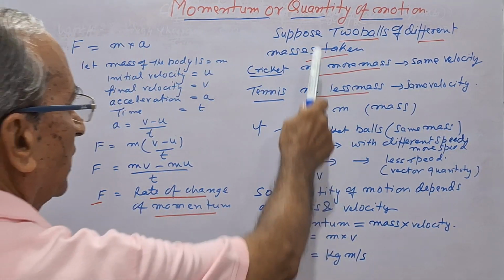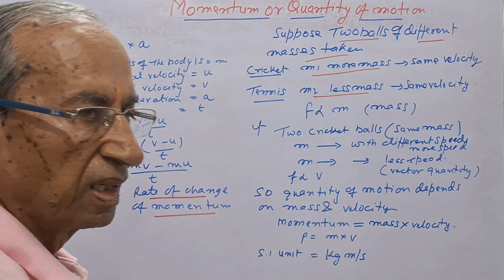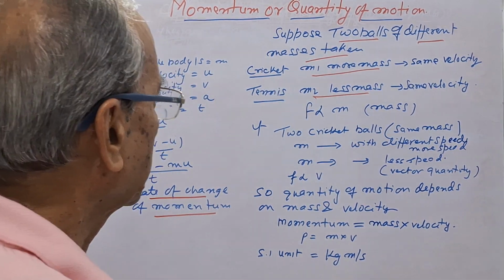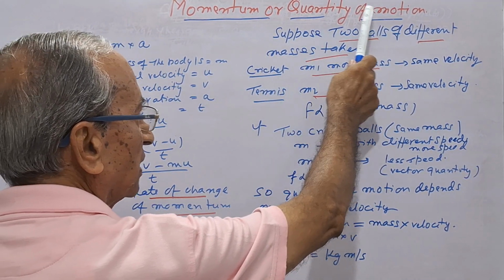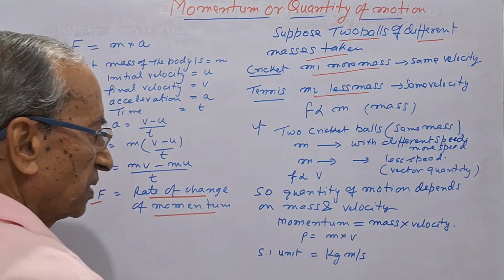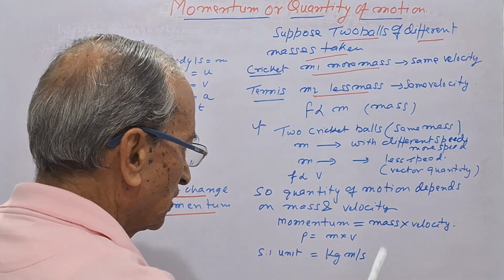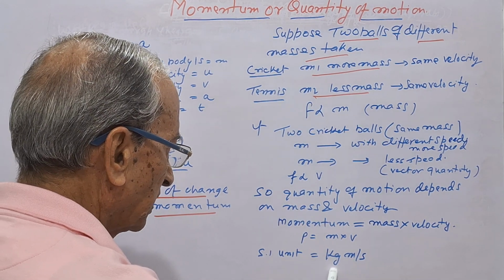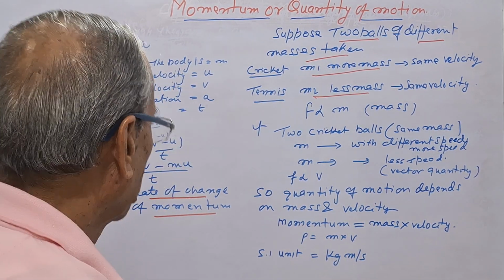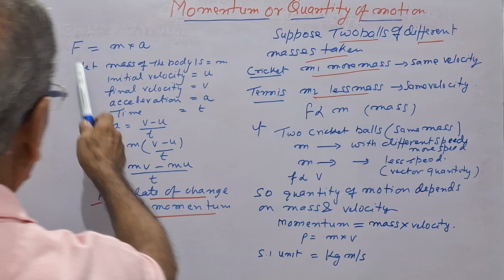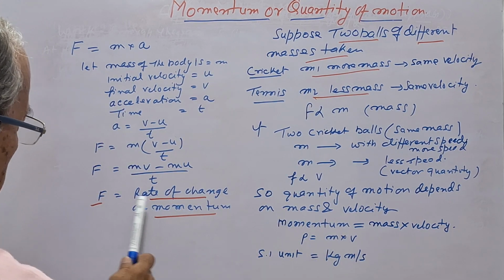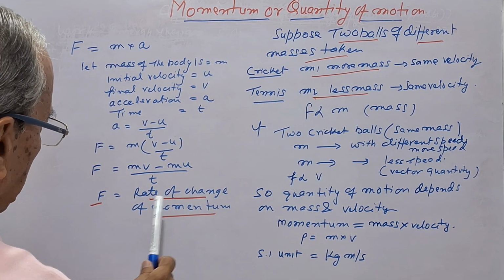Remember only that quantity of motion depends upon the mass and the velocity, that is mass into velocity, and this is known as momentum. The SI unit is kg meter per second, and the relationship of force and momentum is that force is equal to the rate of change of momentum.